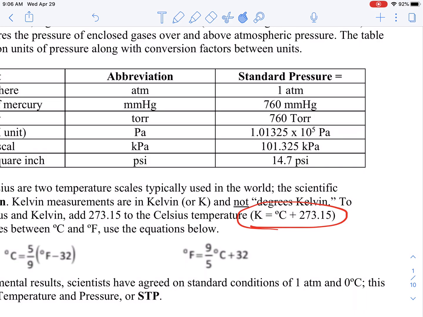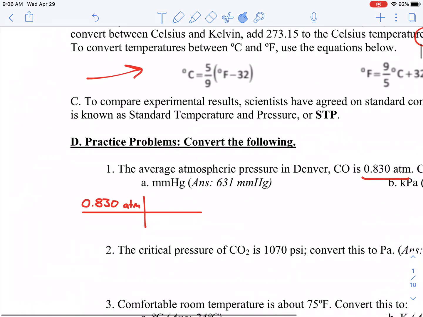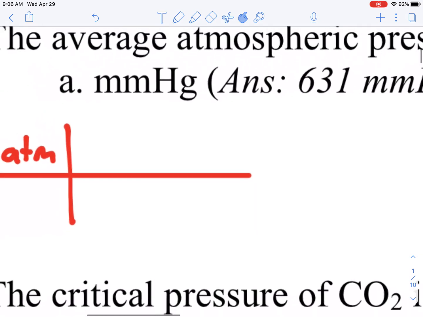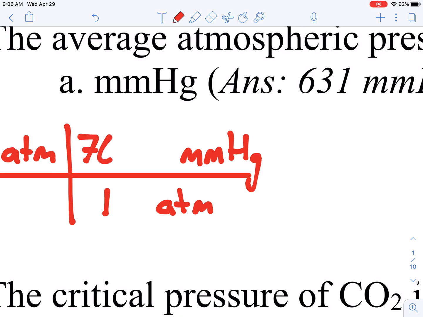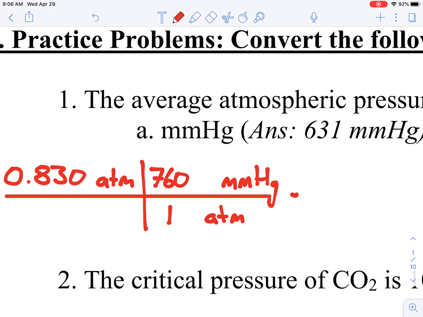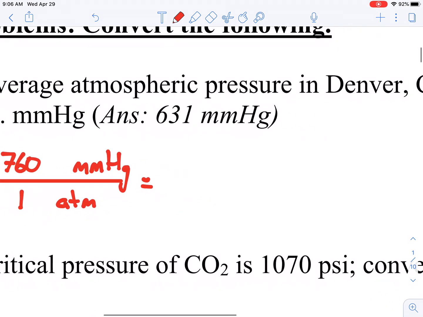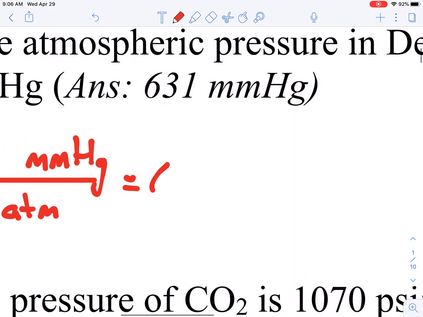They're all equal to one another, so if we put them on the top and bottom of a fraction, they become equal. If you look at that table, you're going to notice that atm and mmHg are indeed relatable, and it turns out that 1 atm is equal to 760 mmHg. So if you do the math here and you solve, you will figure out that this is equal to 631 mmHg.